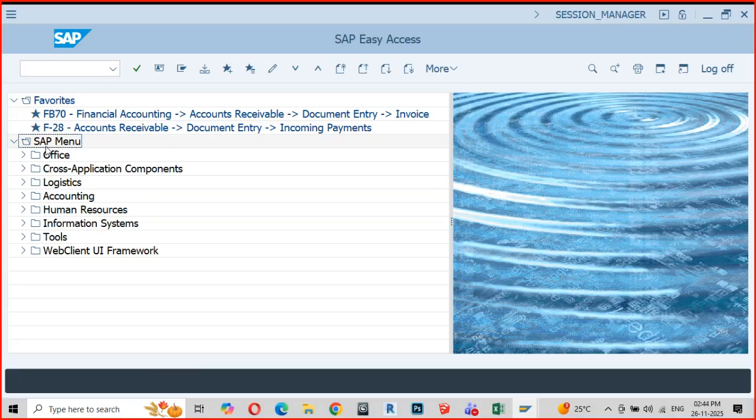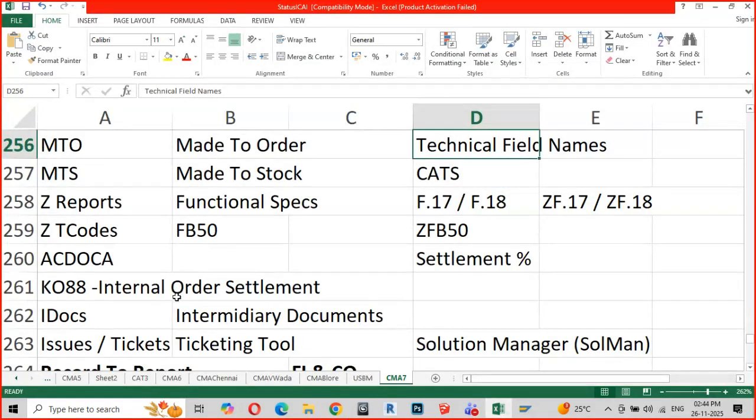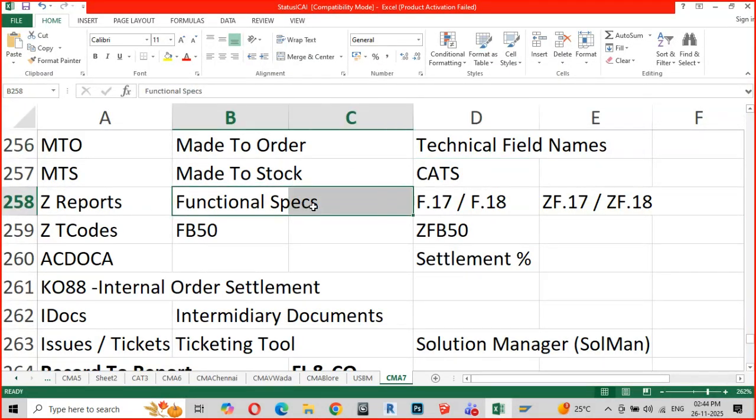All right. So coming back to the technical field names. As I said while discussing yesterday, SAP will not understand what a company code is, what is your document date, what is your posting date. It doesn't understand. I had said that we create something called a functional spec.